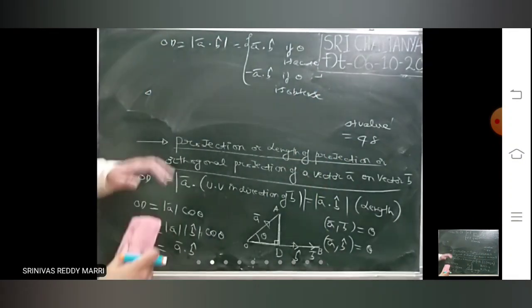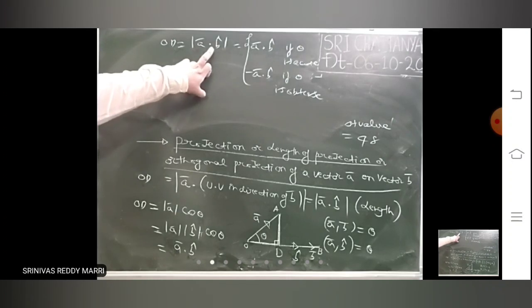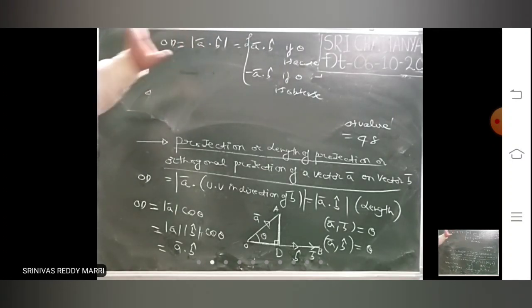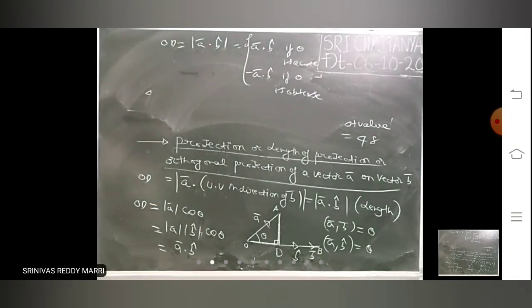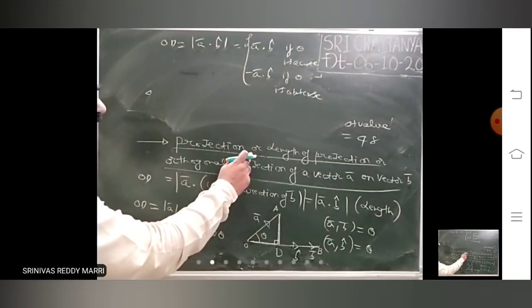That's why in all cases we write modulus of A bar dot B cap. Even if it is negative it will become positive. Just a simple formula.